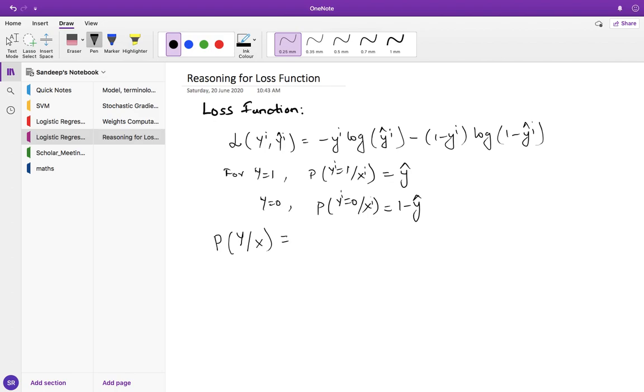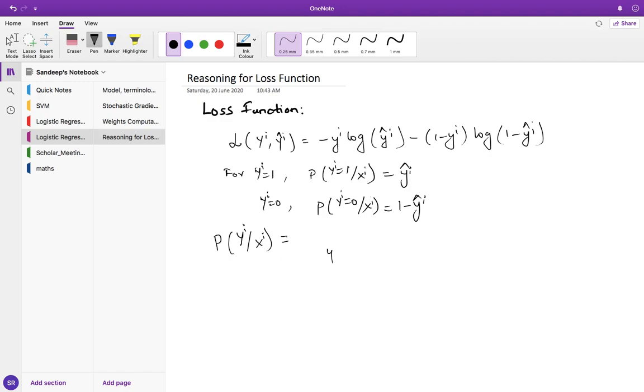So you can also write yi here, so that it becomes specific to one particular example, the ith example. So now when we are looking for the probability of the ith example given an input vector xi, we can write it in a single expression as follows.